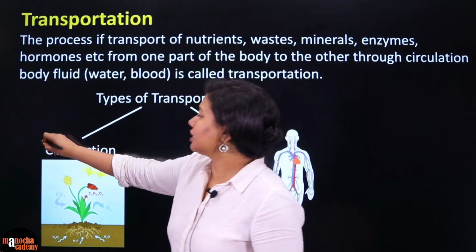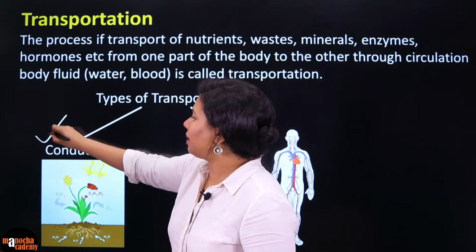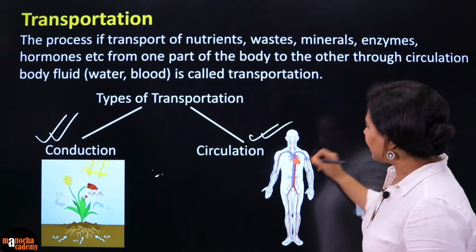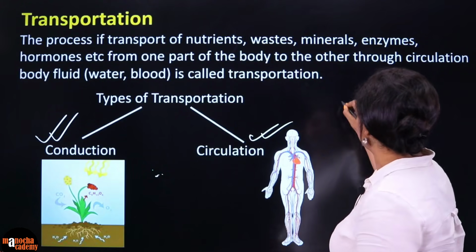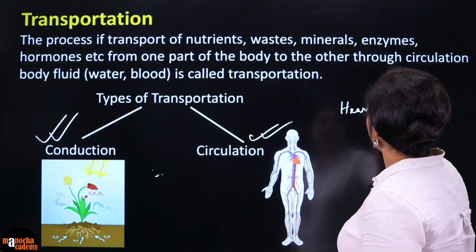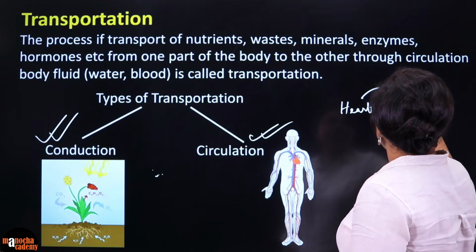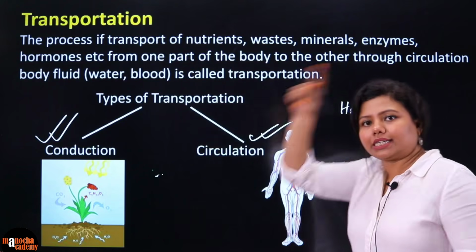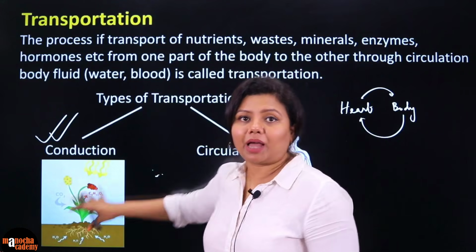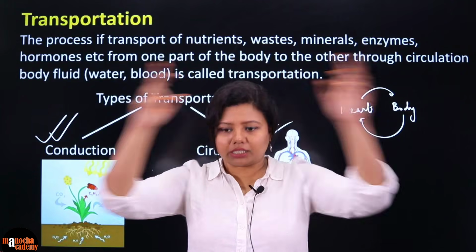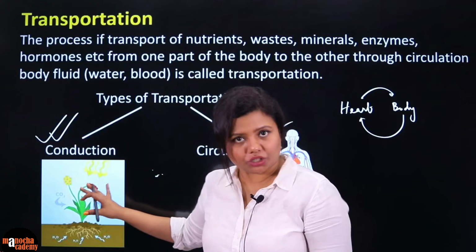In case of plants it's called conduction, in case of animals it is called circulation, because in animals usually there is a heart present. Whatever is going out of the heart, which is blood, goes to the body and then comes back to the heart. So it's a circulating process. In case of plants, it's either going from root to leaf or from leaf to different parts. It does not circulate. So this is called conduction, right?